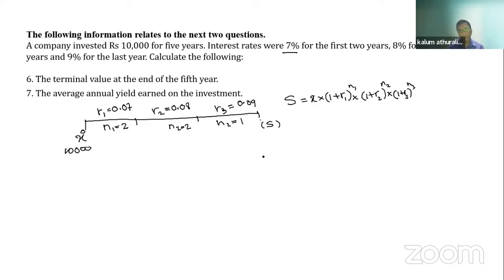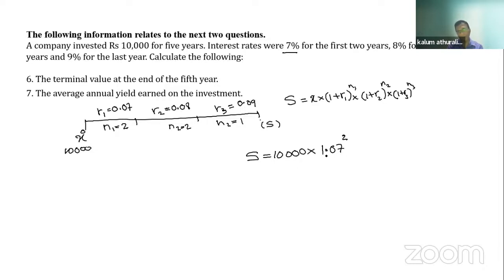Now we can apply this one. We can substitute those values. 10,000 into, here you can get the 1 plus R directly. R should be 0.07, so 1 plus R should be 1.07 to the power 2.